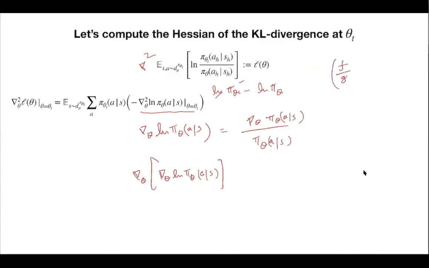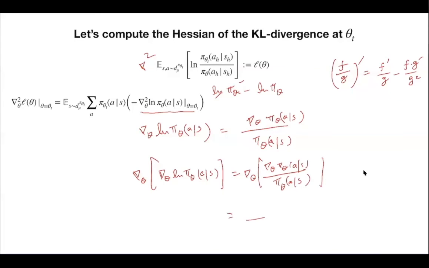Let's use this fact: the gradient of F over G is equal to F prime over G minus F times G prime over G squared. Hopefully you still remember this rule for computing the derivative of the ratio F over G. We're literally computing the gradient of a ratio.